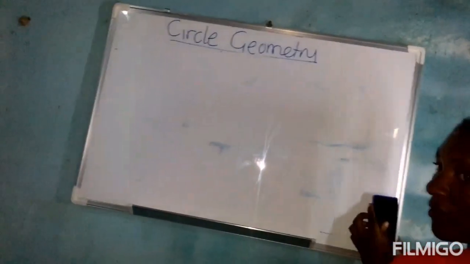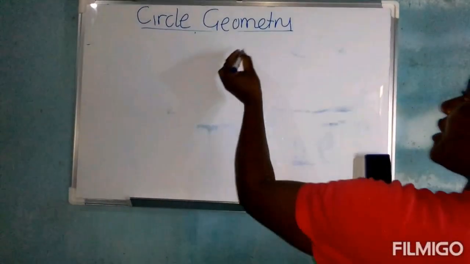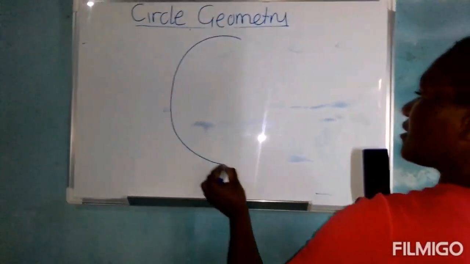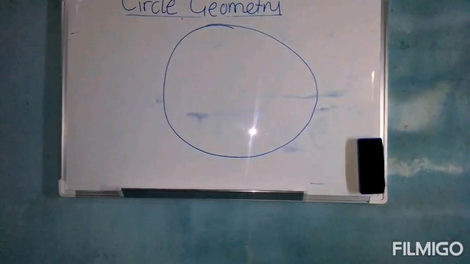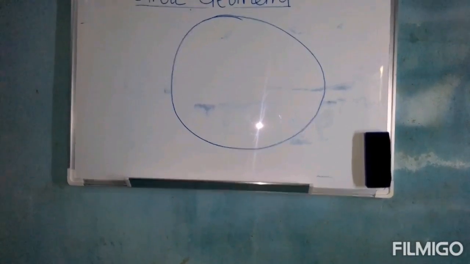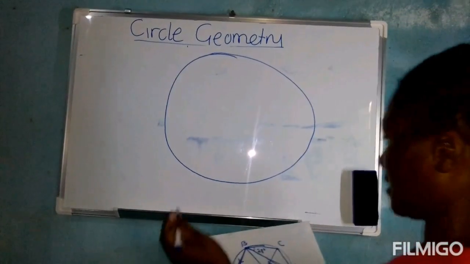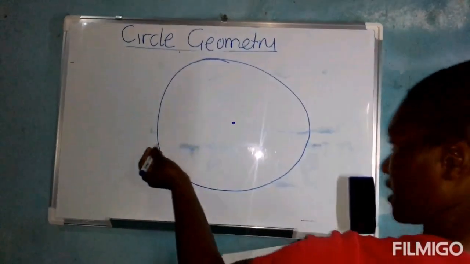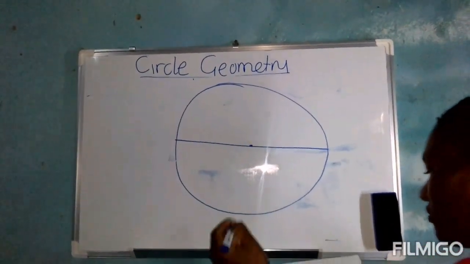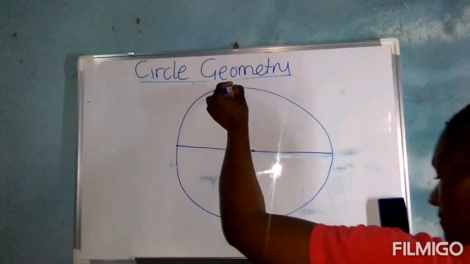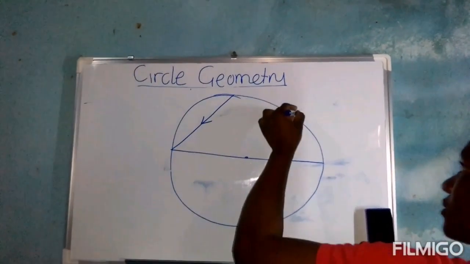Then let's say we have our circle there. Let me put up a question. Say we have a circle and the line AOD. Then we have parallel lines there. This one is parallel to this one.